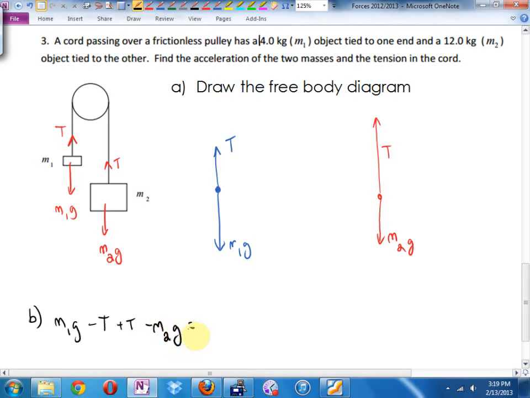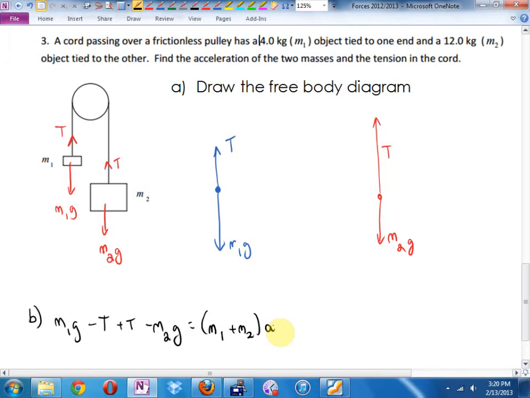How many masses do I have on the left-hand side? Can you see in the equation? 2. You know how many I better have on the right-hand side? Can you read to me the bracket there, please? Nice and loud. M1 plus M2.